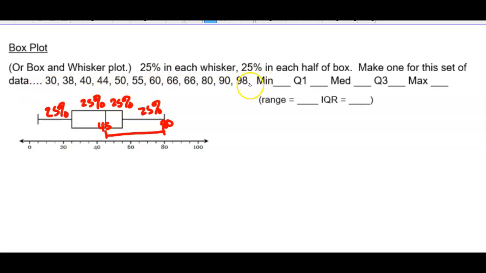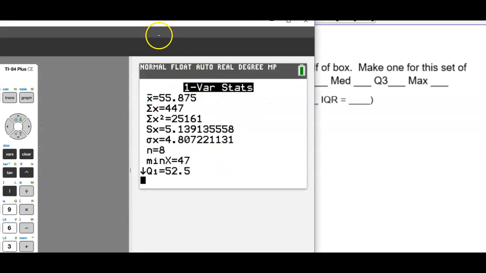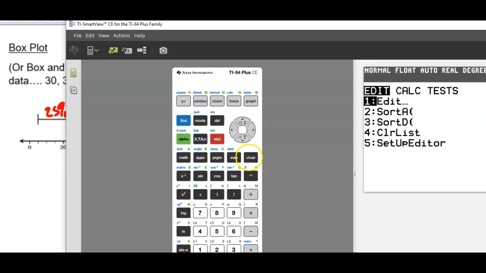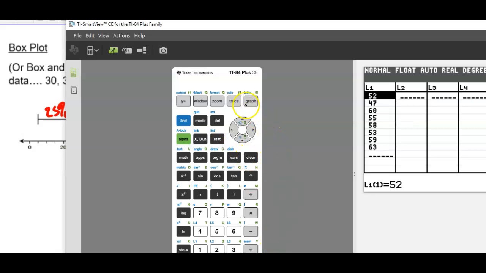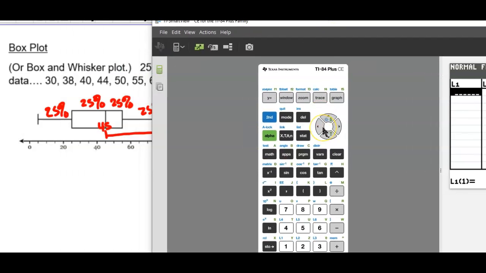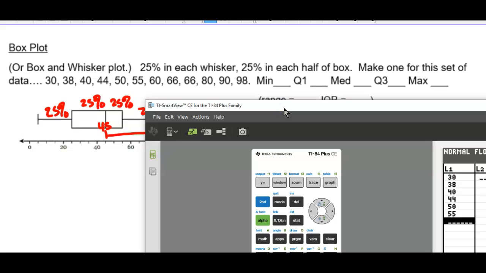And then I'm going to show you how to do this on the calculator. You enter these data points, and then you scroll down and find the 5-number summary. So after you put them in: 30, 38, 40, 44, 50, 55, 60, 66, 66, 80, 90, and 98.